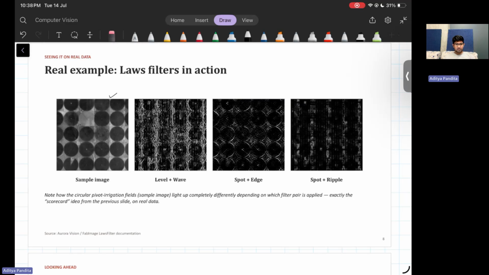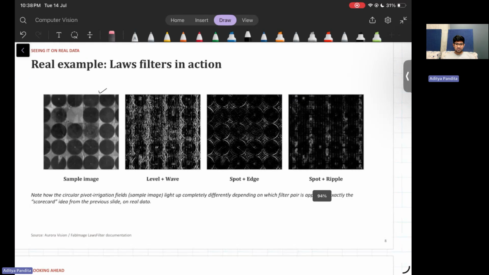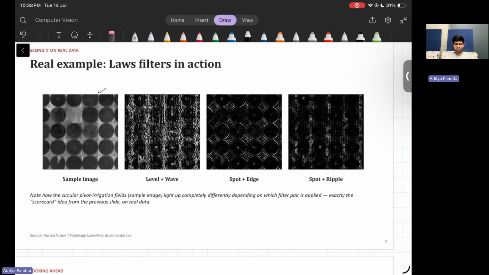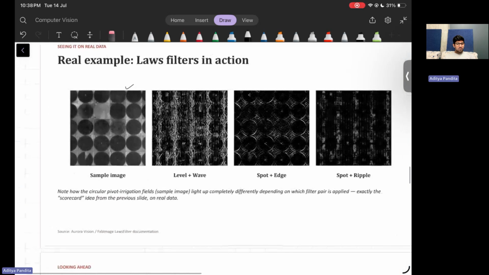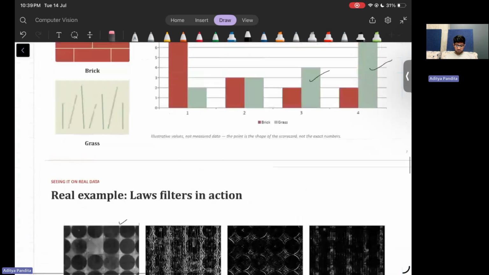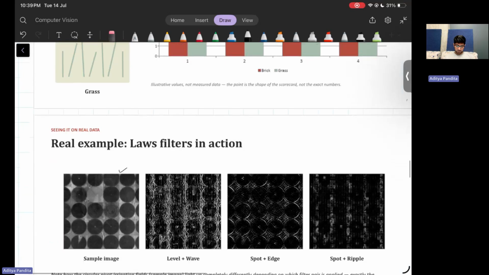In spot plus edge, you can see some kind of blobs in the middle, and in the edge as well. And in spot plus ripple, you can see dense, finer, woven-looking patterns across the image, which is something we can also verify from the bar charts we saw here.